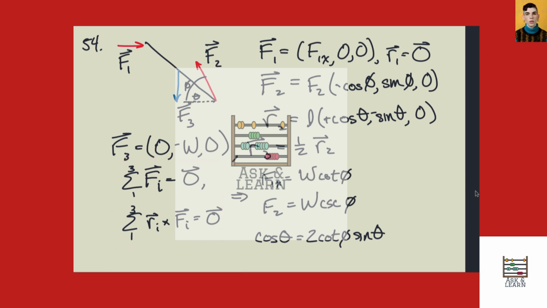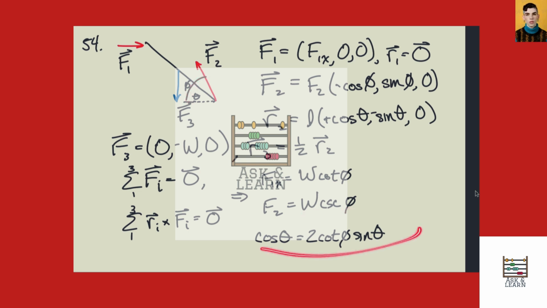What we get out of that is an expression for F1x in terms of the weight and the angle phi, and an expression for F2 in terms of the weight and the angle phi.